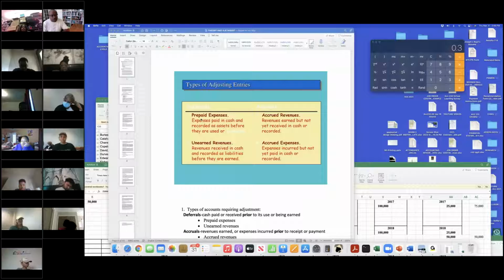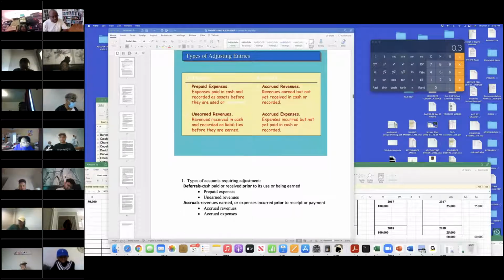For the accruals, whether it's accrued revenue or accrued expenses, we make the AJE first. Then we pay the cash later. So that's the difference between deferrals, cash is paid initially before the AJE, and accruals, cash is paid after the AJE.